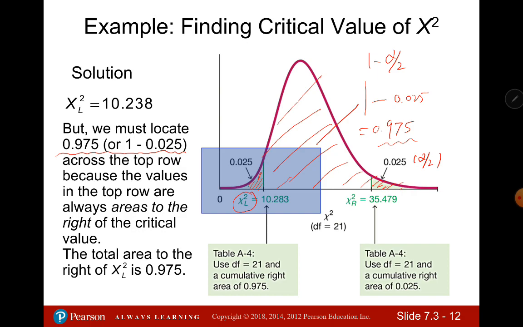So again, for the chi-square table, you need to check both critical values, not just a single one. Not like the z table or t table, where you only need to check one. Chi-square table, again, two critical values.